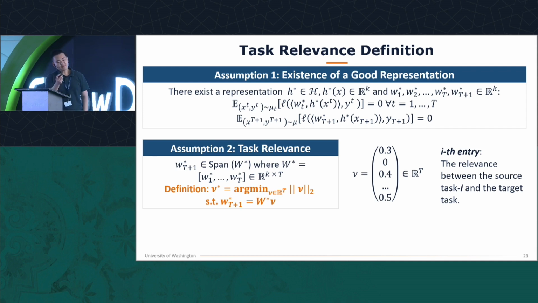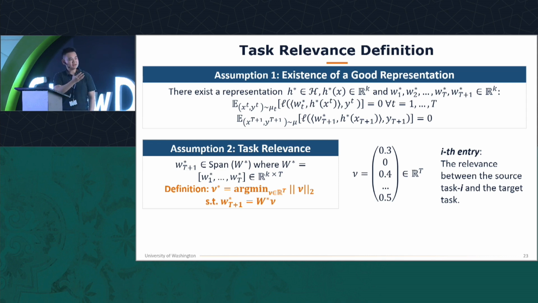In the previous example, this is equivalent to saying that the target task also uses the first 50 digits. So you need to at least cover the linear predictor of the target task. But you don't need this big W star to be full rank.